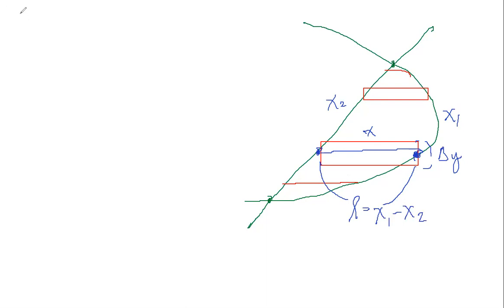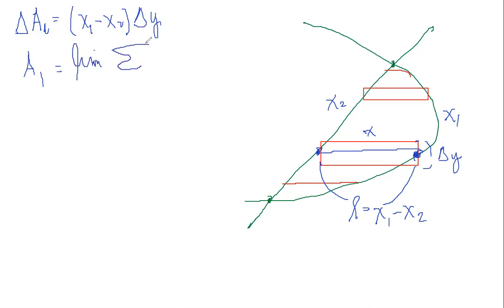Understood? So therefore, for us to get the area of the region, A sub i, we have the length x sub 1 minus x sub 2 times change of y, or delta y, right? So if we express this in the form of Riemann sums, this becomes the limit of the summation of x sub 1 minus x sub 2 times delta y as i starts from 1 until n, and n approaches infinity.